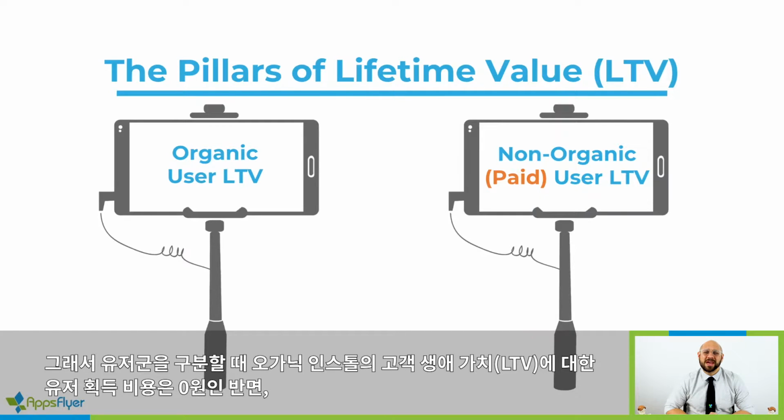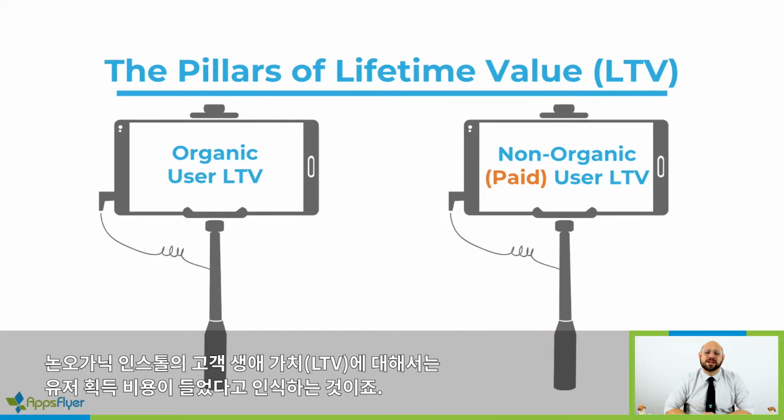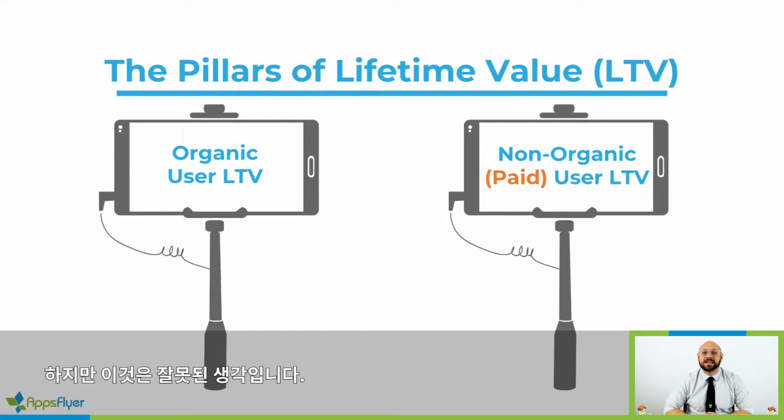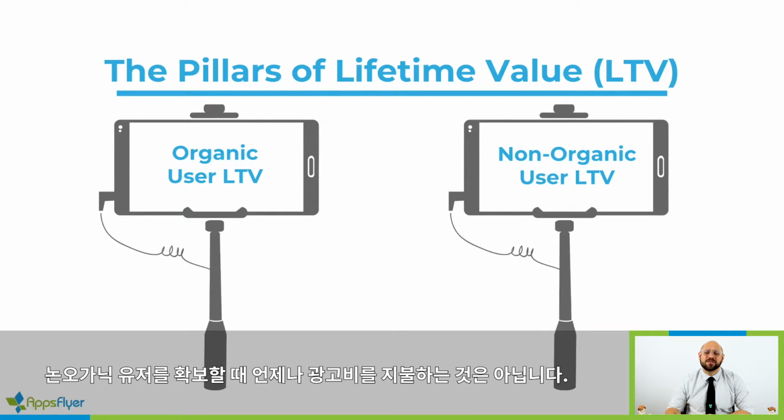So when they break out their user base, they think, okay, let me look at the organic user LTV, which are people who I just get for free, and compare that to the non-organic user base, which are the people that I pay for. And that's actually a mistake, because non-organic users aren't only the people that you paid for.